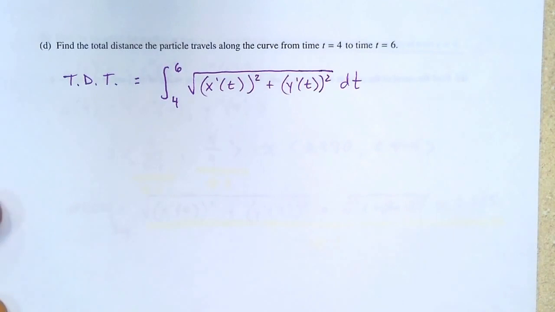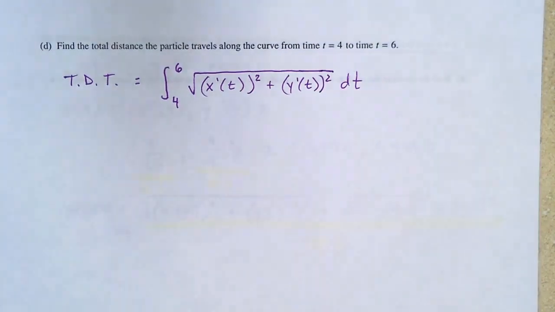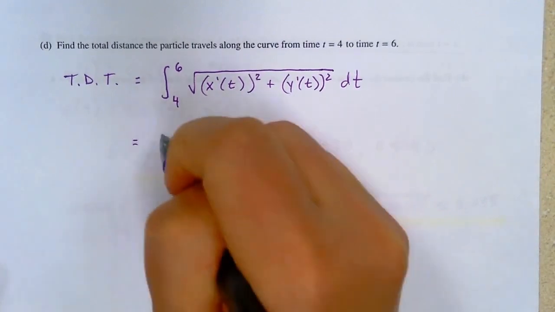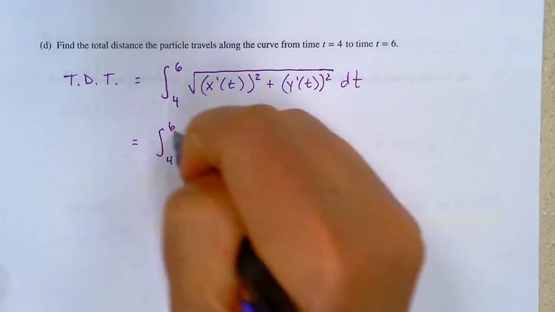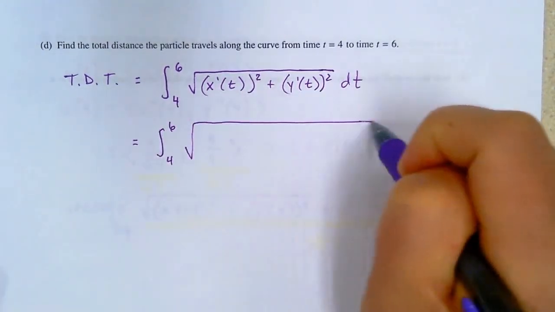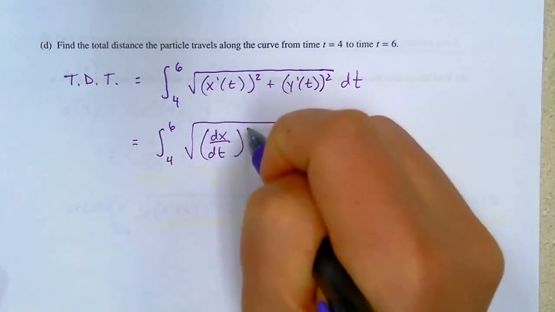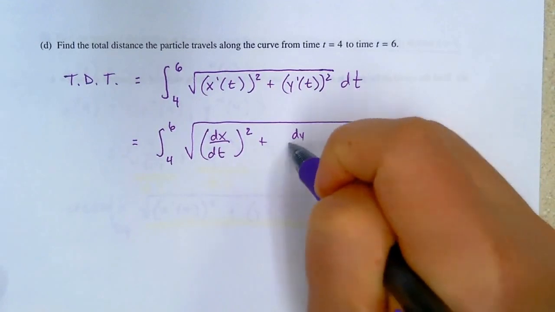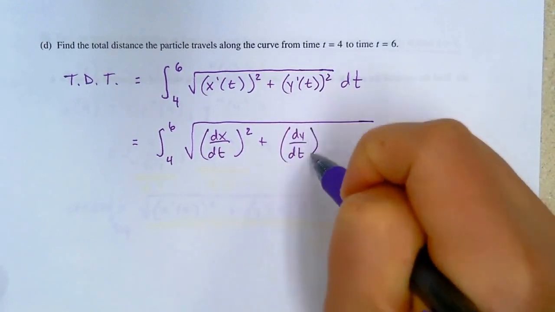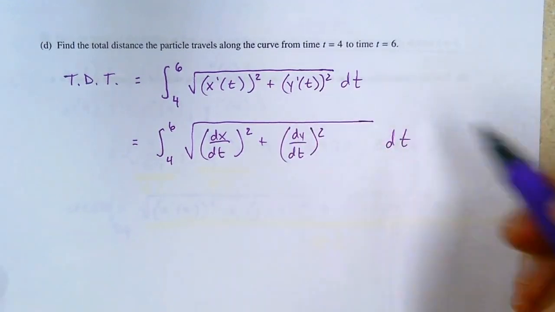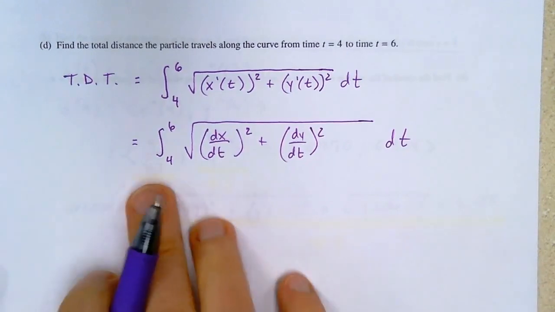This is the expression we'd use to calculate total distance traveled in parametric mode. If you wrote it using the information that they gave us, you could also write it as dx/dt squared and dy/dt squared. That's an acceptable way to do this.